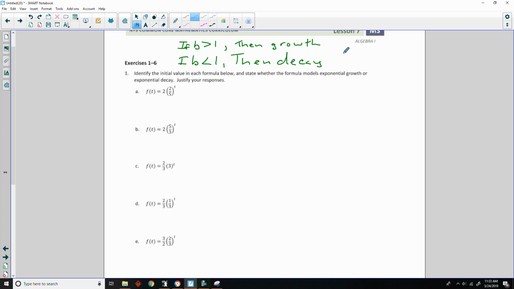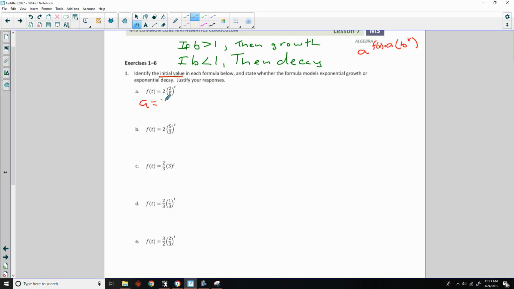Okay, so here we go. Initial value is a in the formula a times b to the x. So if I have f of x equals a times b to the x, a is the number out in front.